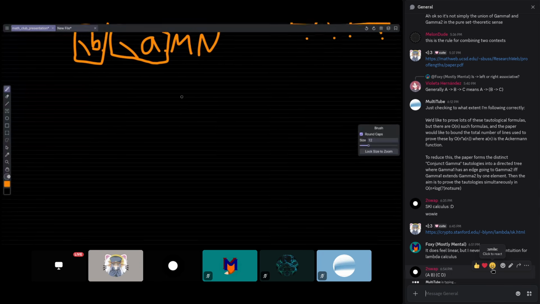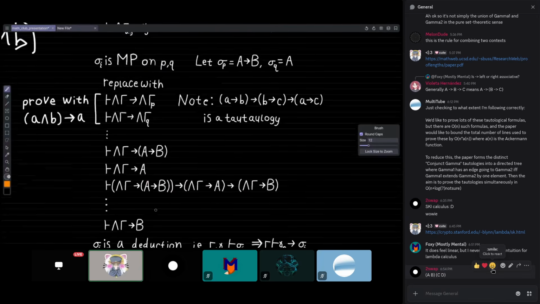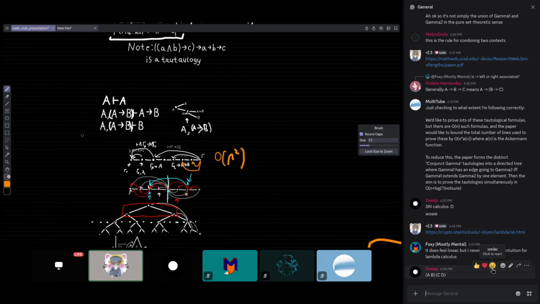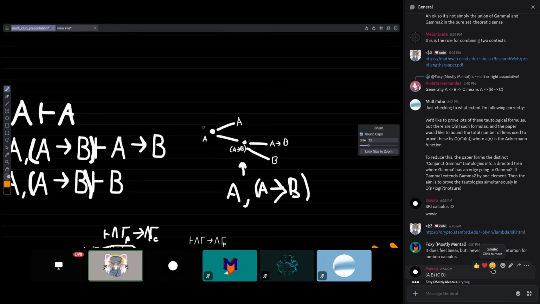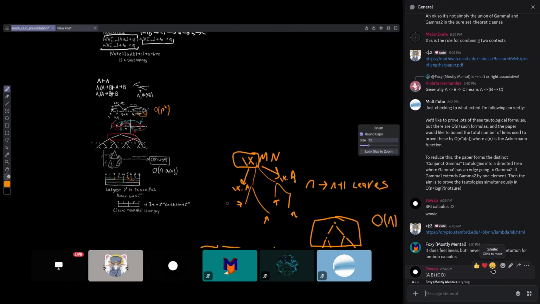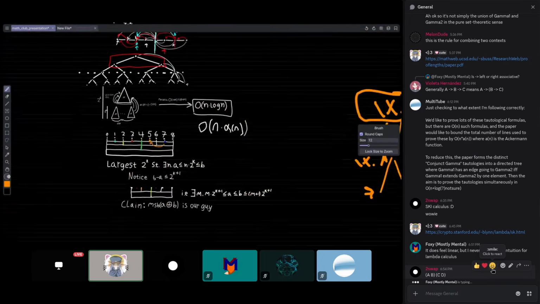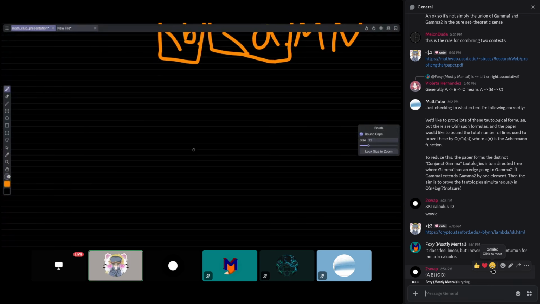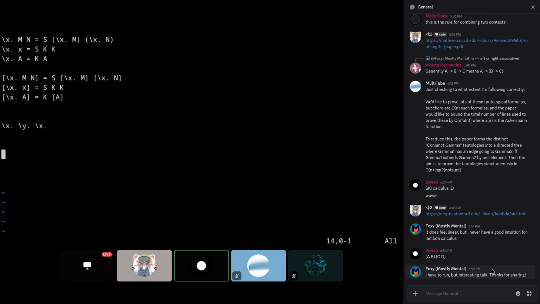So the idea is you make a structure that's almost linear in the size of your tree that lets you transport something in constant time. Gotcha. In the case of lambda calculus, you can actually do it in linear space. Why do we get linear in lambda calculus as opposed to that weird Ackermann thing?